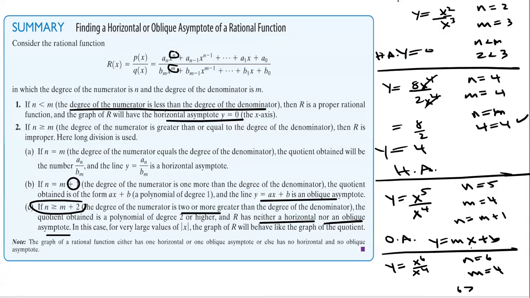So 6 is bigger than 4 plus 2, okay, 2 or more. So in this case, we have no horizontal asymptote and no oblique asymptote.